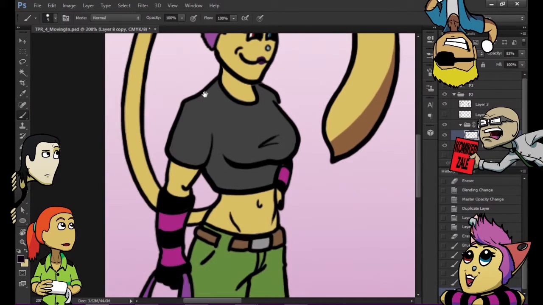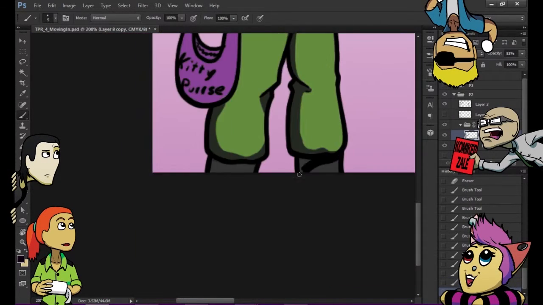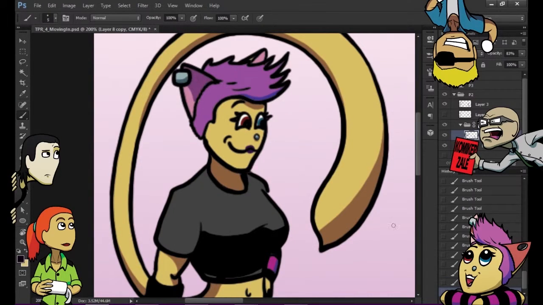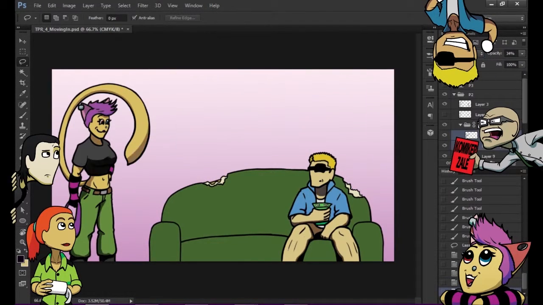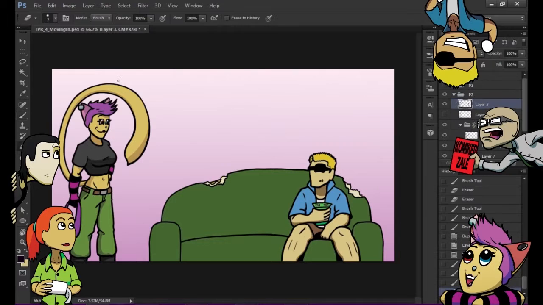I think I made it probably a multiply. I don't know. Wait, this is when I was doing color burn with a lot of them. But right there is when I turn it to multiply. I just liked how multiply looks a lot better.